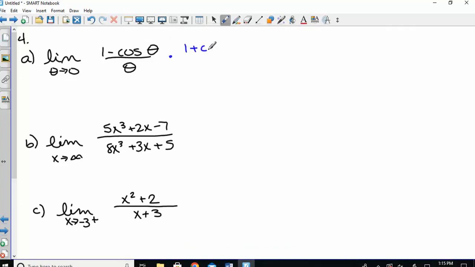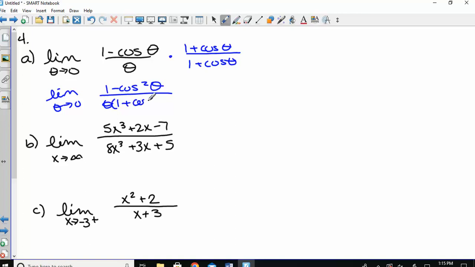So if you multiply by 1 plus cosine on top and bottom, then we have the limit as theta approaches 0 of 1 minus cosine squared theta over theta times 1 plus cosine theta. What is 1 minus cosine squared? It's just sine squared.